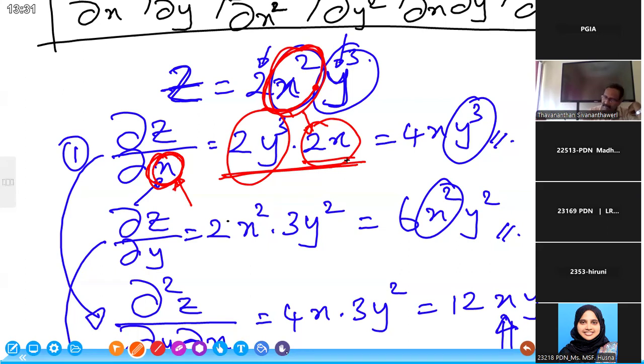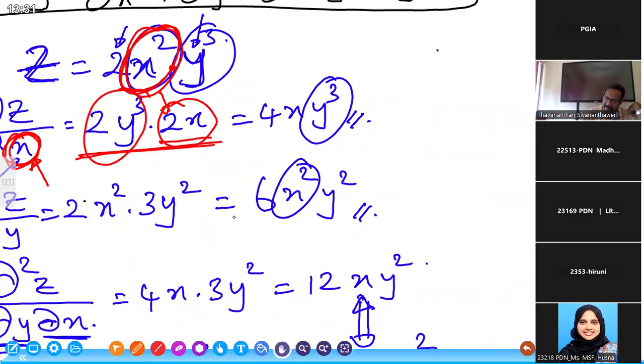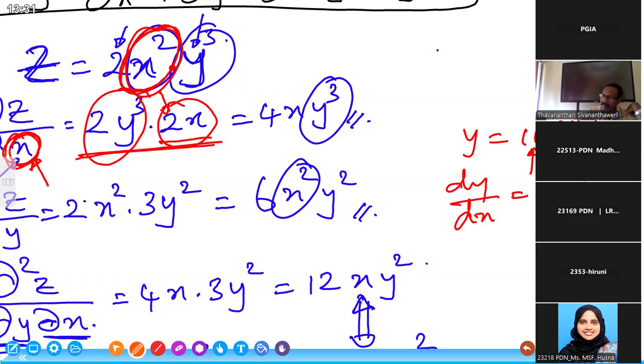It's like treating something like, if you have a function 10x square, this is a constant multiplied by x square. So for dy/dx, we keep the constant there, then we only differentiate x square, which gives 2x. Similar concept.